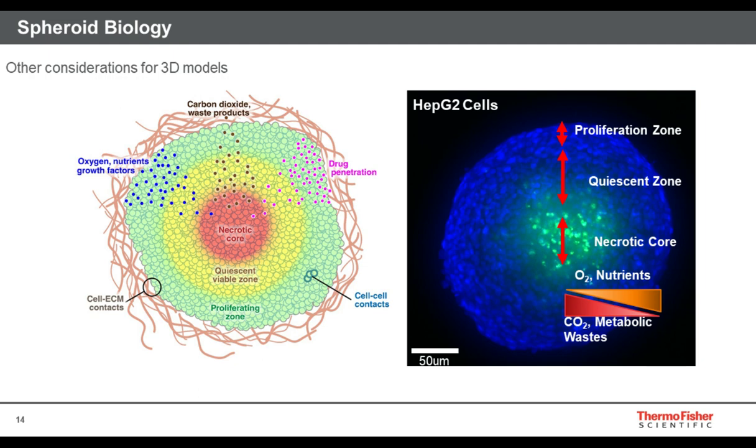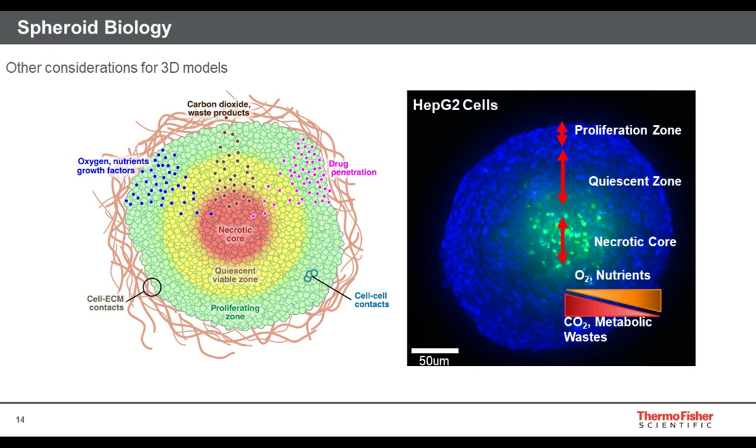Other things to remember: drug exposure would follow the same pattern. Cells on the outside of your model system are certainly exposed to higher concentrations of a given compound, whereas cells towards the middle tend to be exposed to slightly different concentrations.